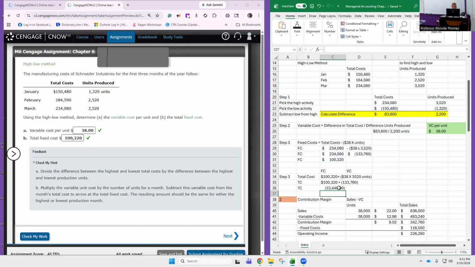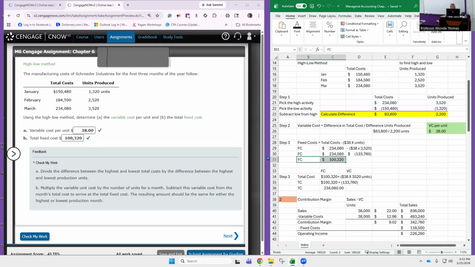Okay, now be careful because I have that in as a negative. So $234,080 is how much, yep, and that is the total cost right up here. So we broke out how much of it was variable, how much of it's fixed, okay?